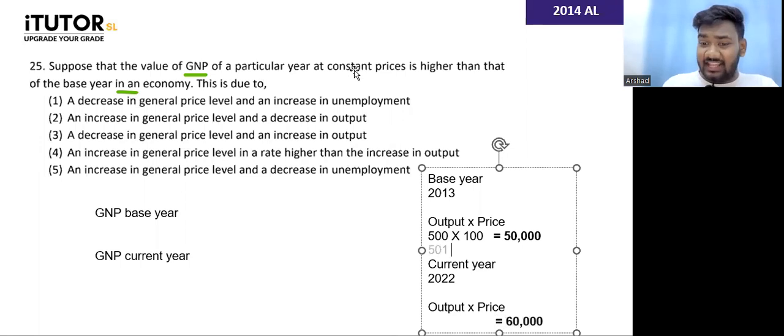They are saying constant prices. When they say constant prices, can you change the price? The base year price is 100. No, when they say constant prices, that means the price here also should be 100. Then how did the GNP become 60,000?